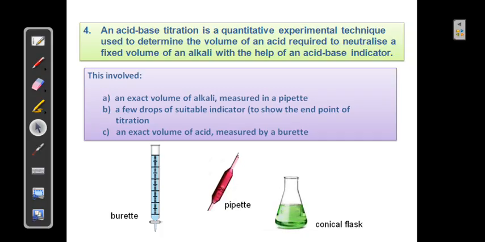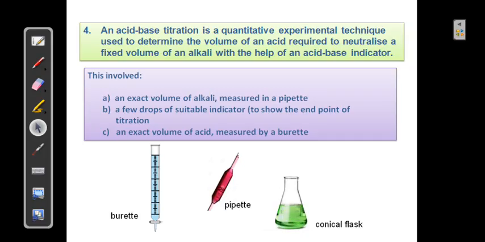For example, you put an acid into the pipette, that is 25 cubic centimeters of liquid. Now you put it into the beaker, but before you put the acid in, you add a few drops of indicator first. Then you use the burette, which is filled with the hydroxide solution, and you drop it until it changes the color, then you stop.